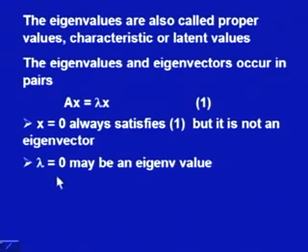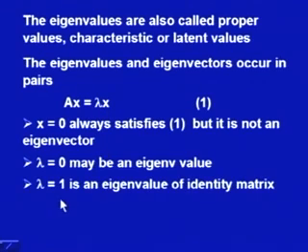However, lambda is equal to 0 may be an eigenvalue corresponding to this equation, and lambda is equal to 1 is an eigenvalue of the identity matrix. If you write lambda is equal to 1, this equation becomes Ax is equal to x. Such a relationship is possible when A is equal to I, and that gives us the result that lambda is equal to 1 is an eigenvalue of the identity matrix.